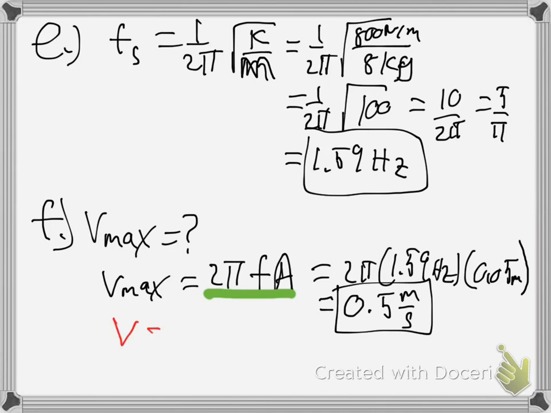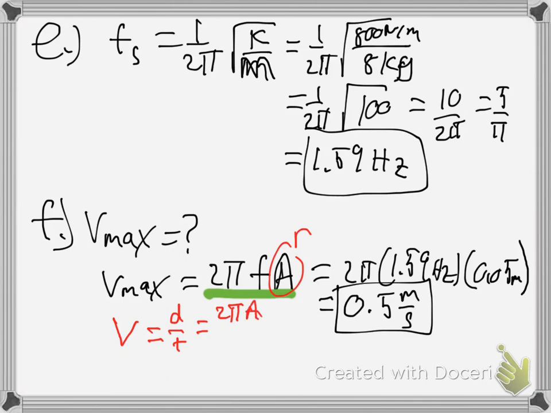Remember that linear velocity for a circular object is distance over time. The distance around a circle is 2 pi r, and r here is the amplitude.